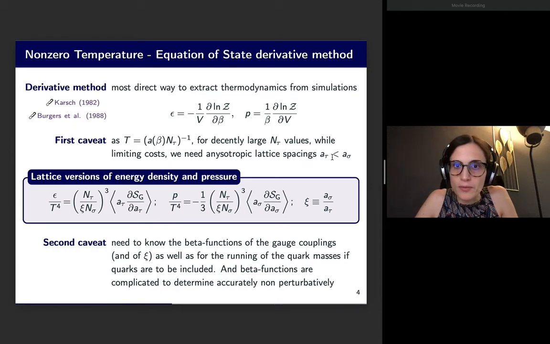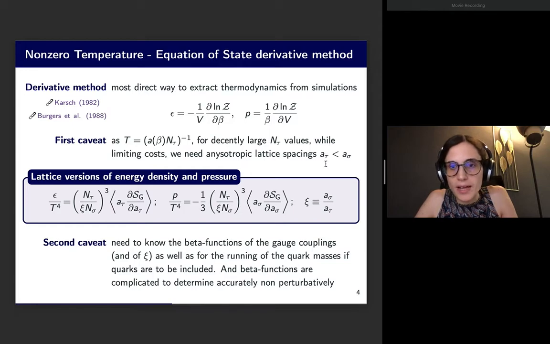So you are familiar with the concept of lattice spacing as the minimal distance in our lattice that separates two contiguous sites. And what you can do is you can set different lattice spacings for the spatial and temporal directions respectively.